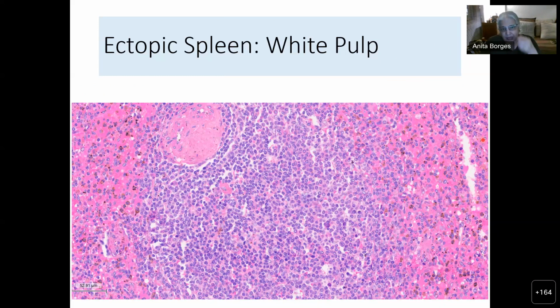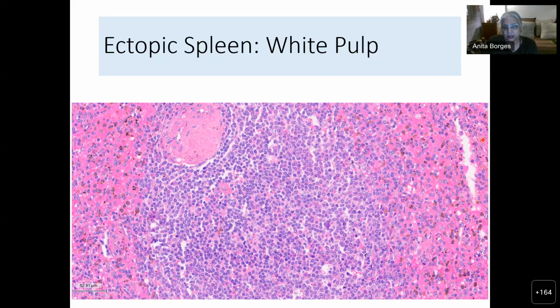But this is not follicular hyperplasia because you do not see tingible body macrophages. If you had bothered to do immunohistochemistry, the follicle center would have been CD10 positive and BCL2 negative. And you can see the red pulp on both sides.